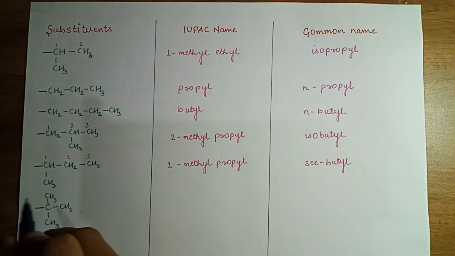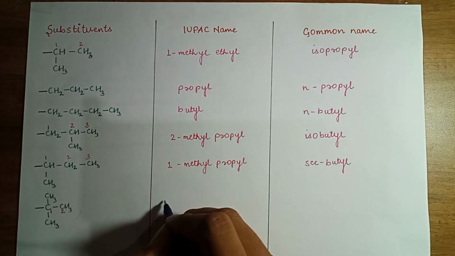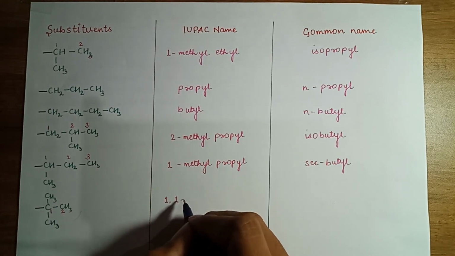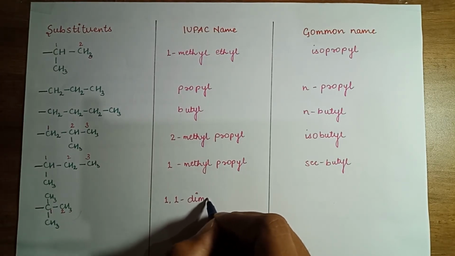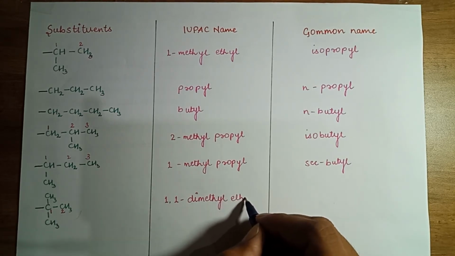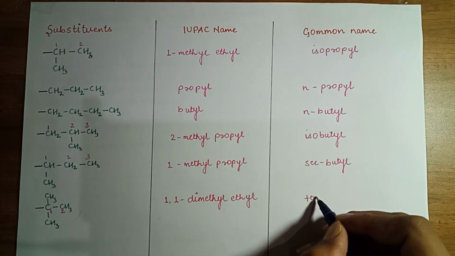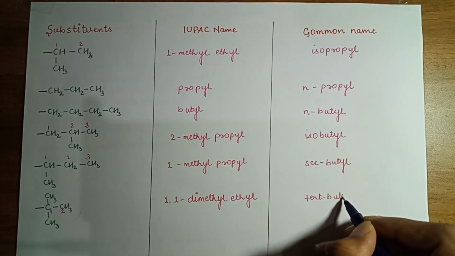Next, this is the main carbon chain, it will be 1 2, so we can write 2 substituent at first carbon, so we can write 1 1 dimethyl, 2 carbon means ethyl, and its common name is tertiary butyl.